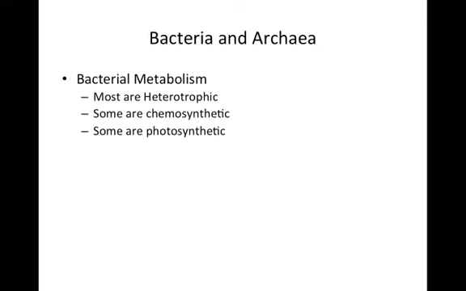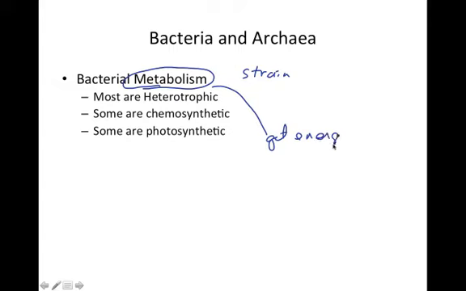The idea is many bacteria are considered to be strains. You might have a strain of bacteria that is heterotrophic, chemotrophic, or photosynthetic. These are essentially how they're going to get their energy. So a heterotrophic bacteria must consume, and often bacteria can slide around on some slime.